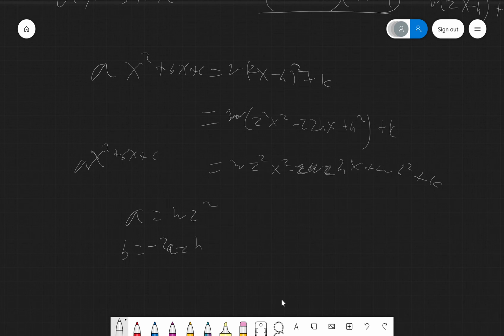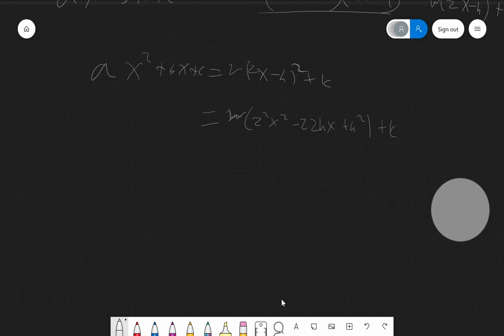Anyways, you can expand all that, but like I did with the other case, when a is not 1, for factoring, I leave that as an exercise because I'm too lazy to do it.